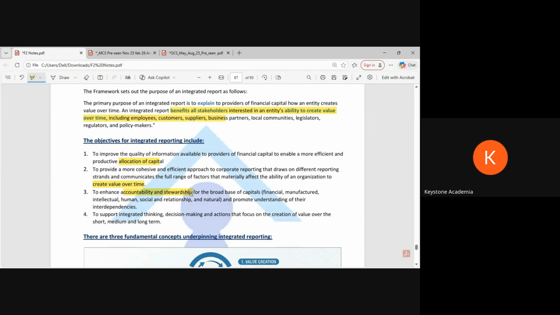Accountability should increase. What happens when we give more information? Obviously, we cannot give wrong information, and we want to highlight the good work we are doing. So that means our budgets can also change. Maybe in the short term, it might be difficult. However, in the medium and long term, we can see the benefits of this.